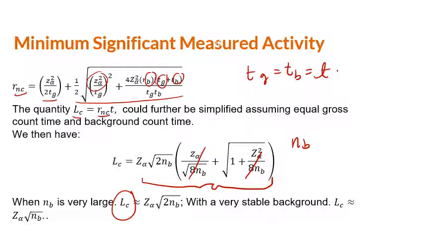Okay, so yan na yung magiging value for our count para masabing minimum threshold for your total count to say that there is activity. Okay, so most of the time, yung background natin, hindi stable. But kung yung background natin is very, very stable, mas maliit pa yung LC.